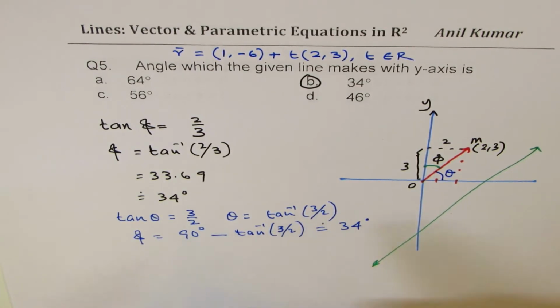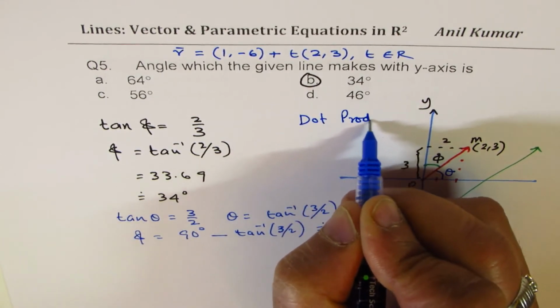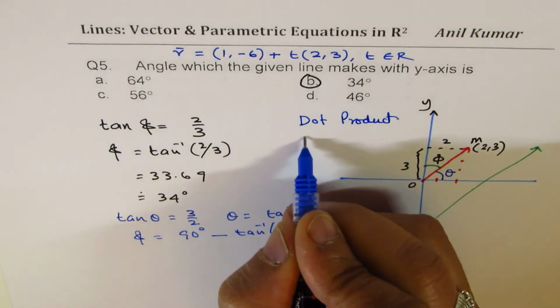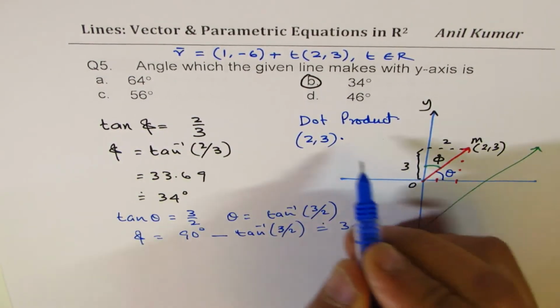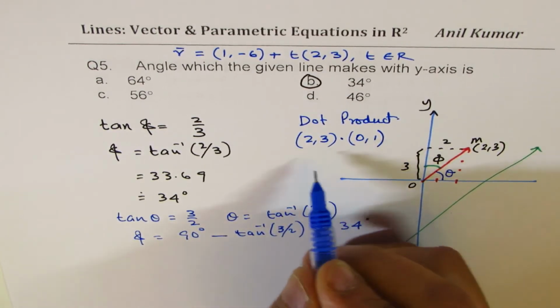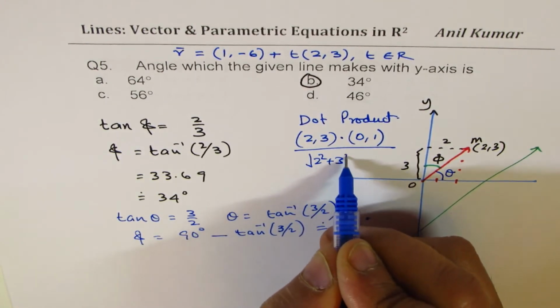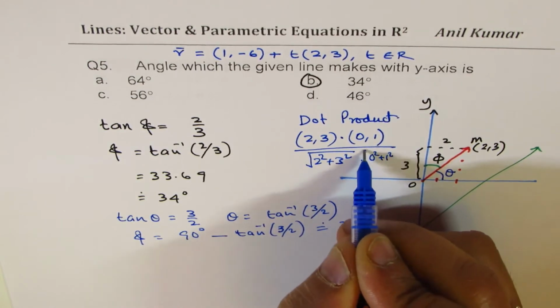The third option is to use dot product. So for the y-axis, we are doing dot product of 2, 3 with the y-axis direction 0, 1, right? Divide that by the magnitudes, which are the square root of 2 square plus 3 square, and the magnitude of 0, 1, which is 0 square plus 1 square, which is 1.